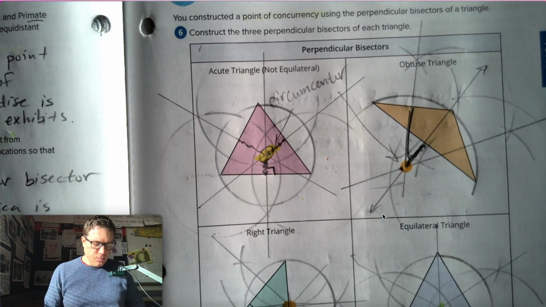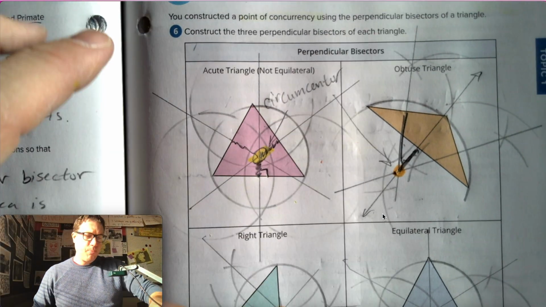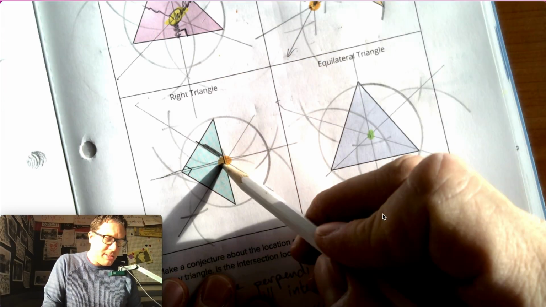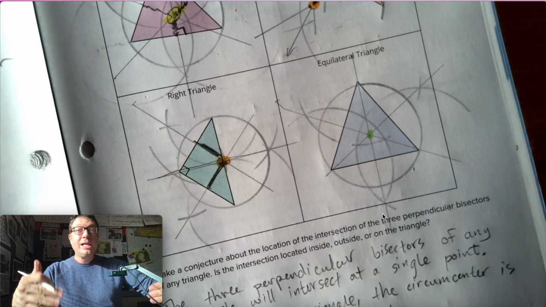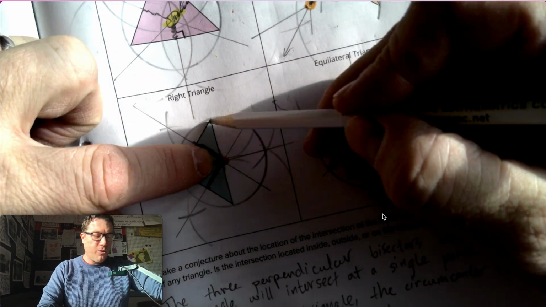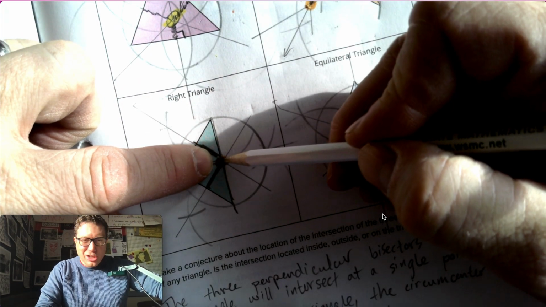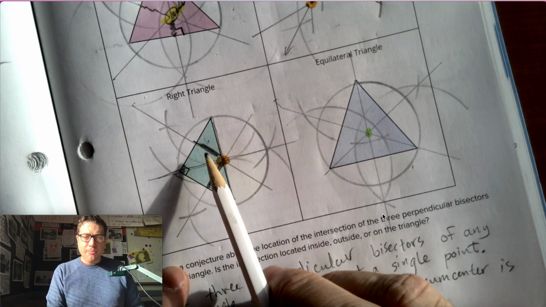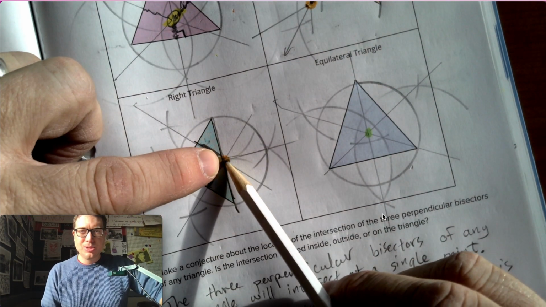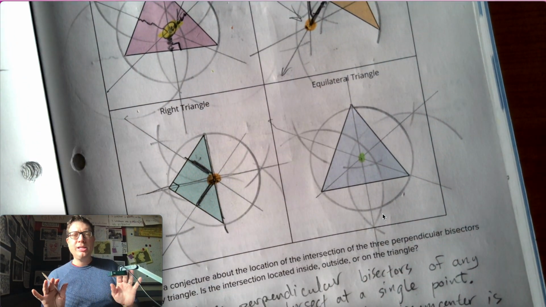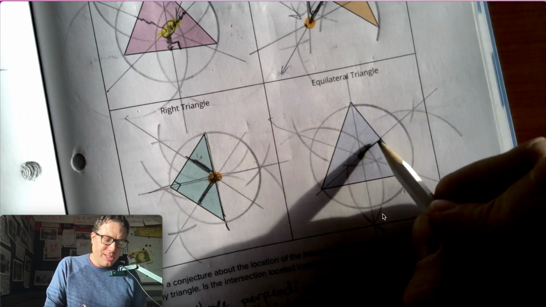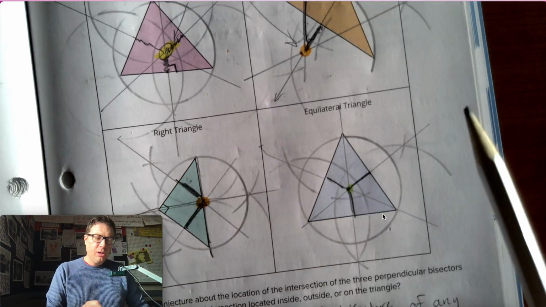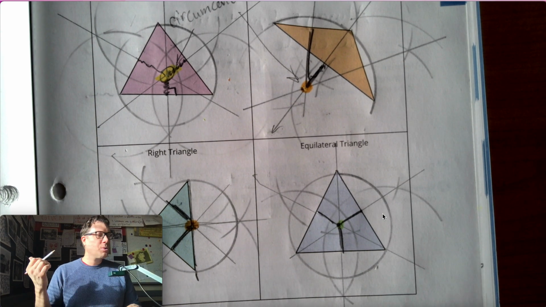In a right triangle, I have a little shadow here, but yeah, that's the same distance from there to there, but the circumcenter is actually on the side of the triangle. So for this side of the triangle, it has no distance away from the circumcenter. So these two sides are the same, but that one's not. I guess it's only true that the circumcenter is the same distance away from the sides of the triangle for an equilateral triangle, which, cool, it's equilateral.